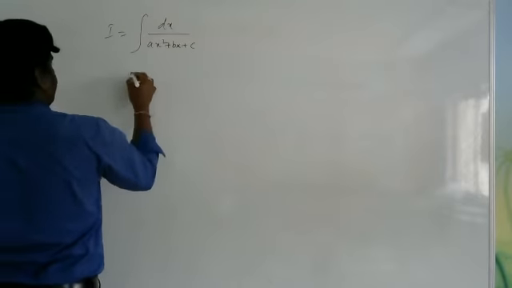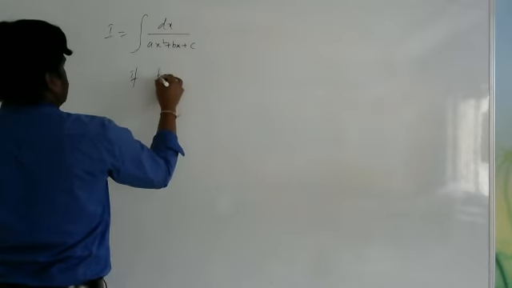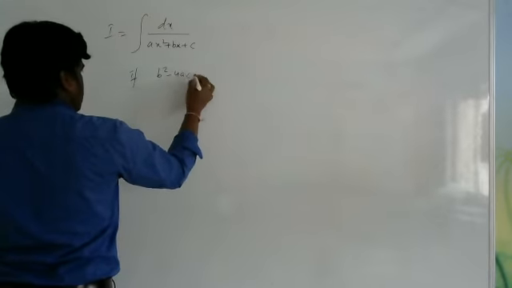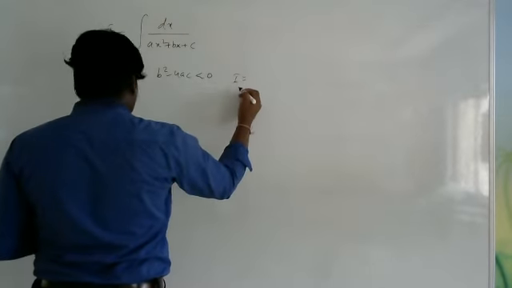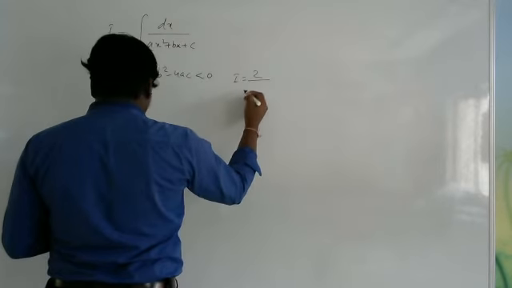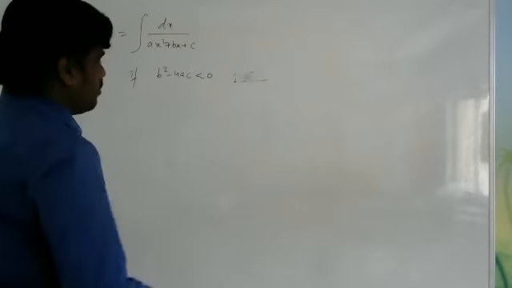If the discriminant of this quadratic equation, that is b square minus 4ac, is less than 0, then apply the formula I is equal to 2 upon, this is the shortcut formula.